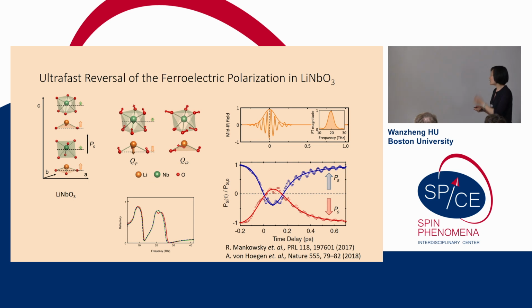In this experiment, Roman used a strong field mid-IR pulse to drive this 20 terahertz IR active phonon, and then measured the second harmonic generation intensity, which reflects the polarization. Before the mid-IR pulse arrives, let's say you have a net polarization along the positive direction. Once you shine the mid-IR pulse, you see the polarization flip by 180 degrees.